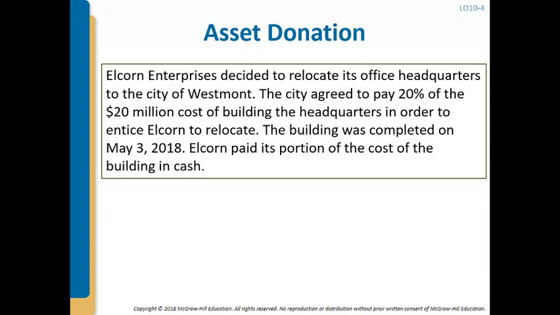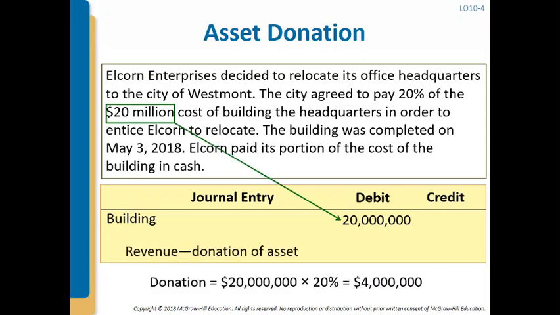And so you're going to pay cash of 16. And so they put the building on the books at its cost plus what the city paid, 20% of 20 million.